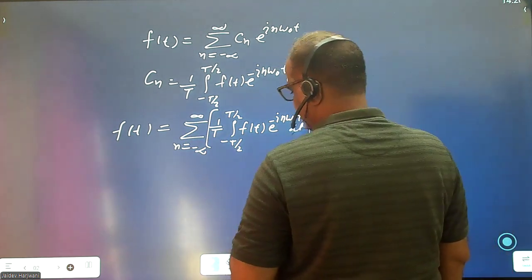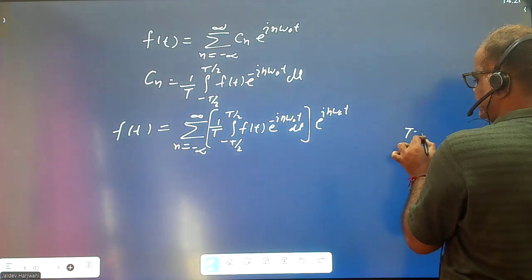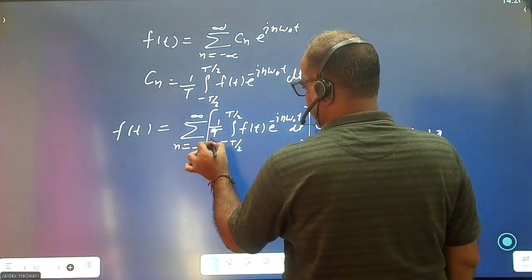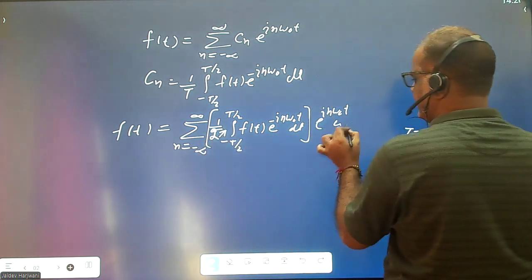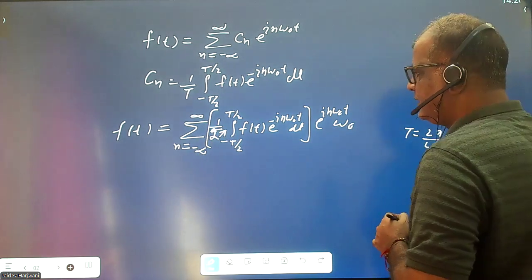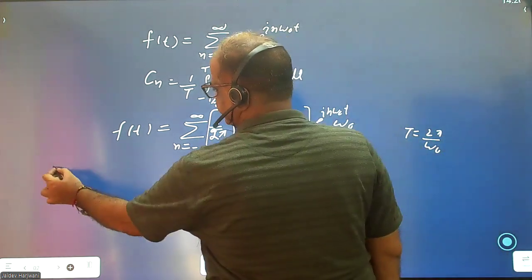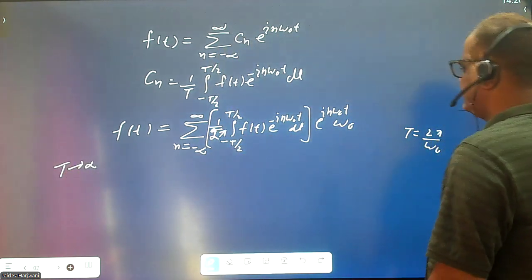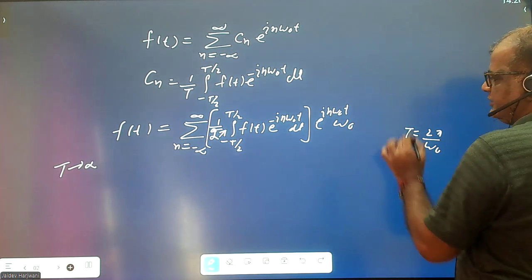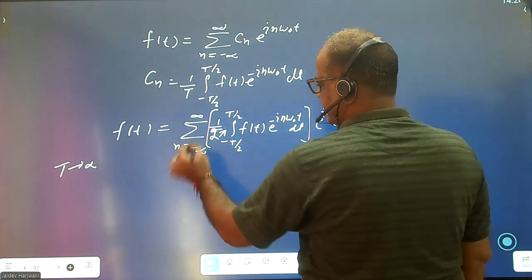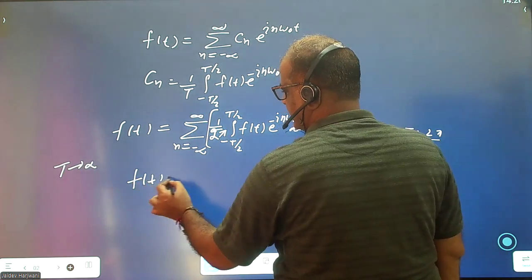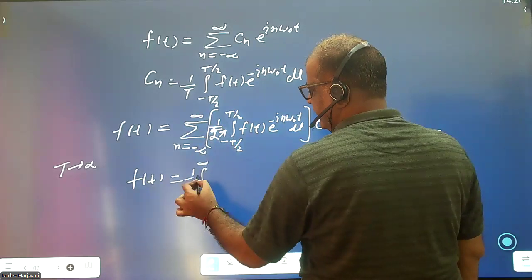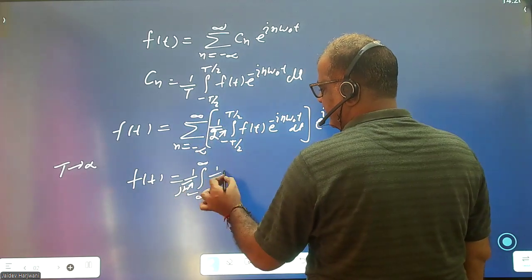Now T is 2 pi by omega 0. So I replace 1 by T by omega 0 over 2 pi, and omega 0 I bring here. Now if T becomes infinite, then this summation becomes continuous, from minus infinity to infinity, with 1 upon root 2 pi.